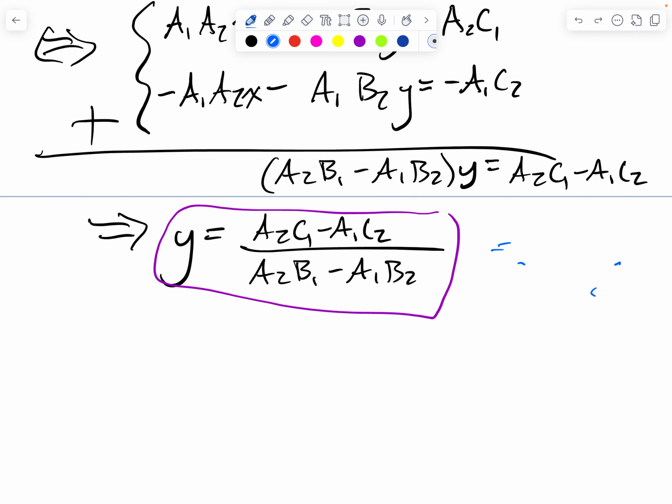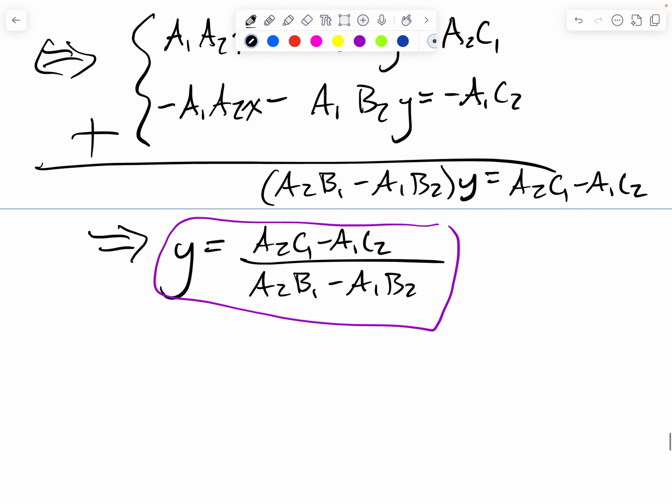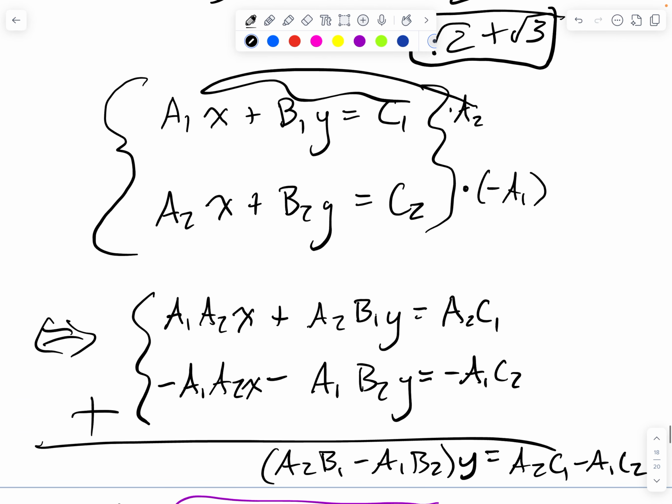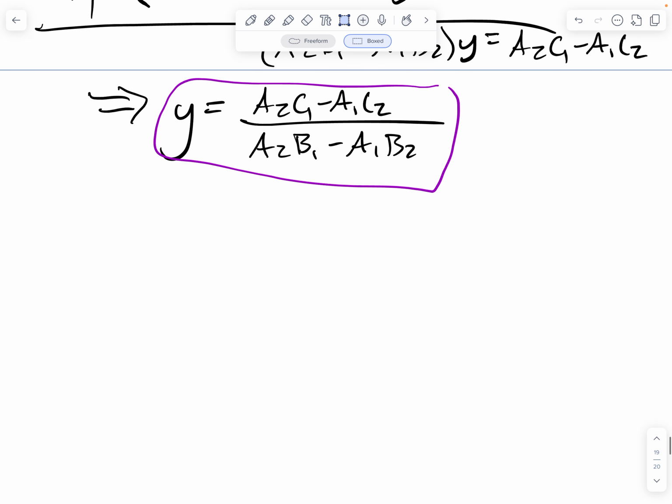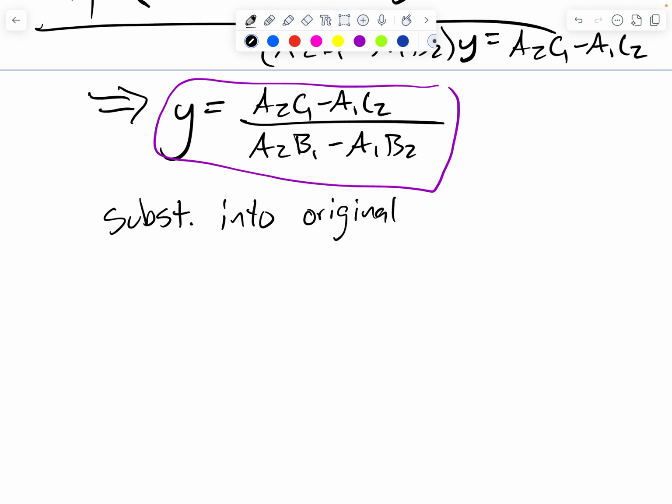If you've done enough of these, you're going to see that you're doing the same thing every time. So let's go to one of our equations. It doesn't matter which one. All right, this is the y value where these lines cross. So I'll just pick the first one. You could pick the second one. It doesn't matter. So we substitute into the original equations, either one.